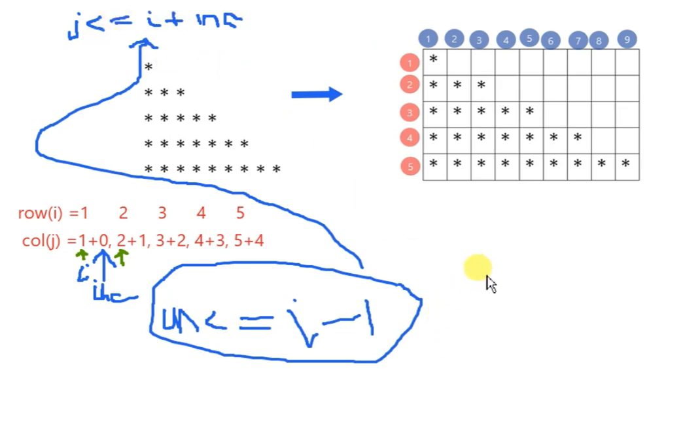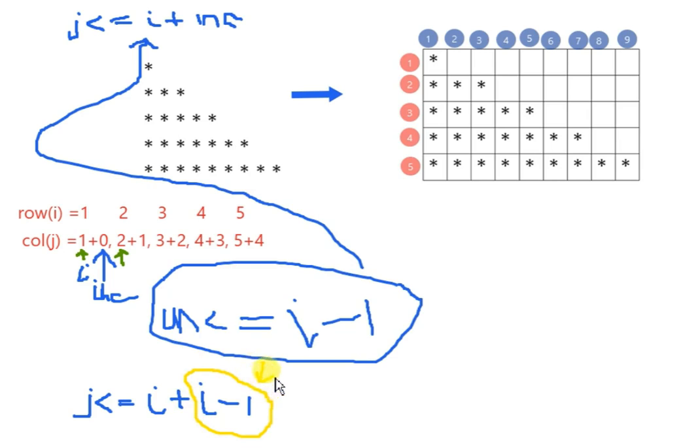So the condition will become something like this: less than or equal to I plus I minus 1. This portion is being replaced by this condition.